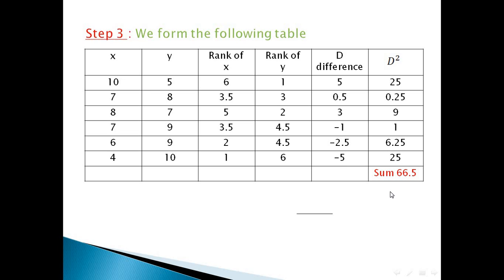And last step, you're gonna use the rule, Spearman's rank correlation coefficient. This is its formula. And now you're going to substitute each value from the table. We have 1 minus 6 times sum of d squared, this one, 66.5, substituted.